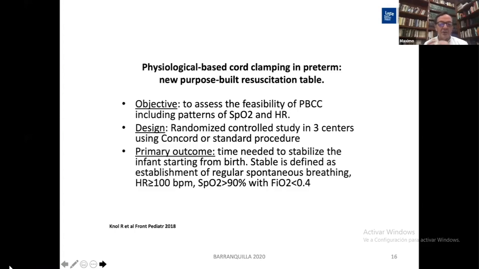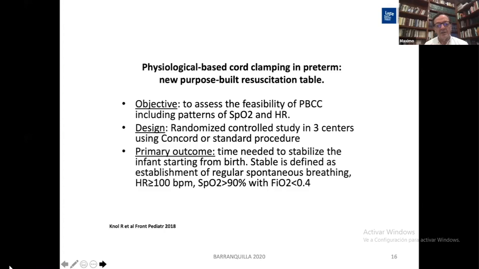The objective of the several trials that are going on in Europe regarding physiological based cord clamping, the first objective, is to prove the feasibility of this new approach. There are several randomized controlled trials going on in different centers, especially in Holland and in Germany.